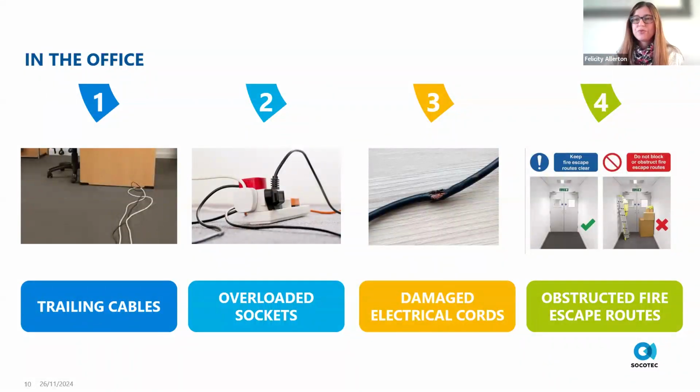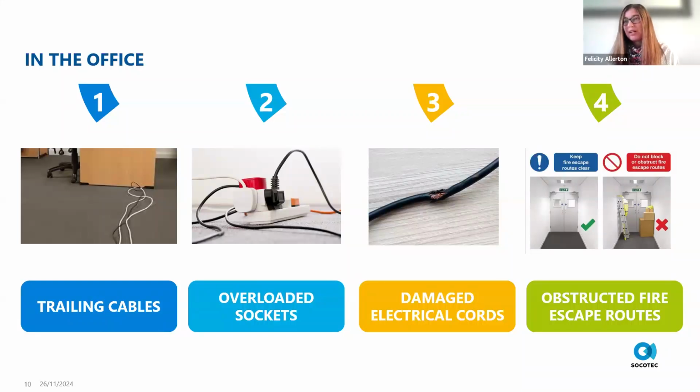And then obstructed fire routes. I decided to pop down a photo because we have a nice ream of paper, and then someone else puts something else next to it, and then a delivery box next to that, and all of a sudden we've got quite a lot of combustible material, or just anything like chairs, ladders, etc., obstructing a fire route.